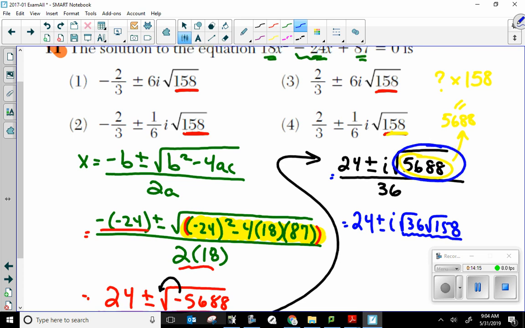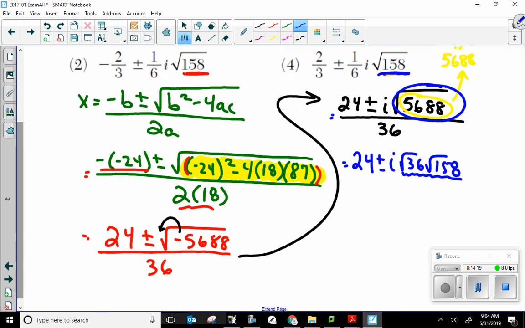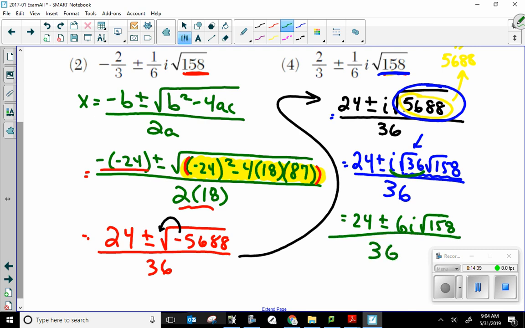See, that's where that 158 actually helps me. All over 36. Well, I know what the square root of 36 is. It's 6. So we have 24 plus or minus 6i, because 6 times i is 6i, radical 158 all over 36.